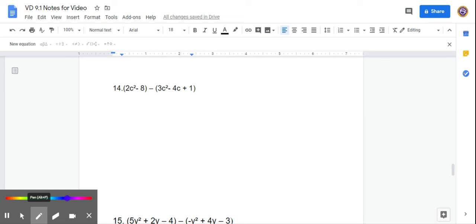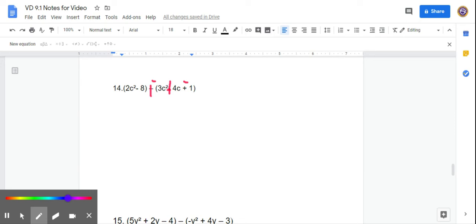So like I told you, when we have a subtraction problem, we have to change it. So you're going to change the minus to a plus, and you're going to take the opposite of every term that comes after it. So that 3 is going to become negative, that 4 is going to become positive, and that 1 is going to become negative.